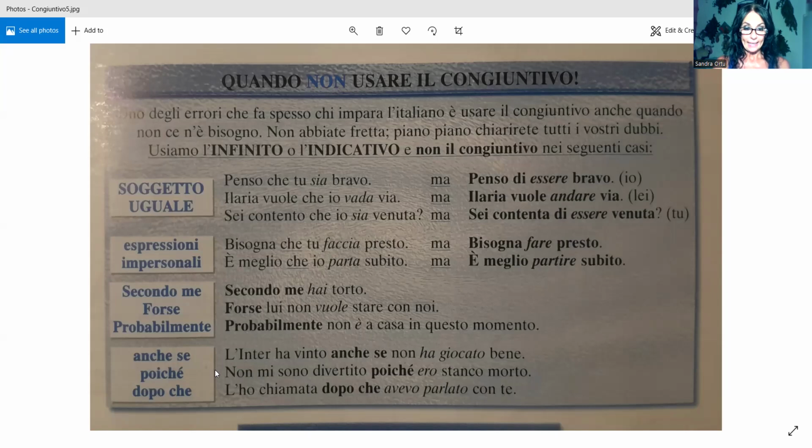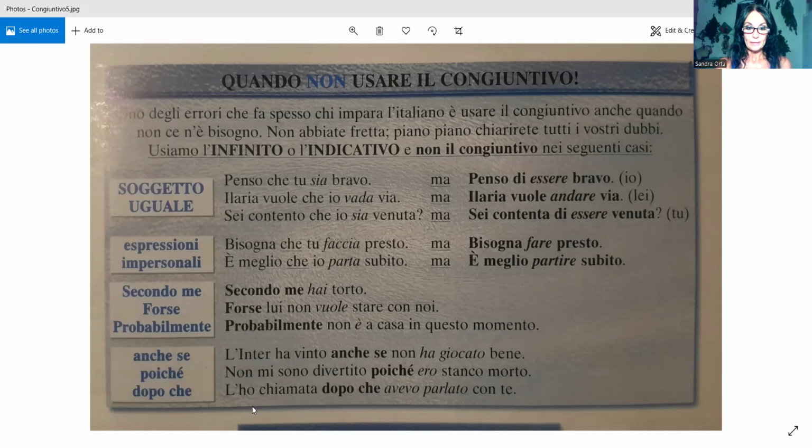We have poiché: non mi sono divertito poiché ero stanco morto. I didn't have fun because I was literally dead tired. I was really tired. Poiché is not a perché, it's not because, but it's as, since. Very similar again to those expressions that we saw previously. And then we have dopo che.